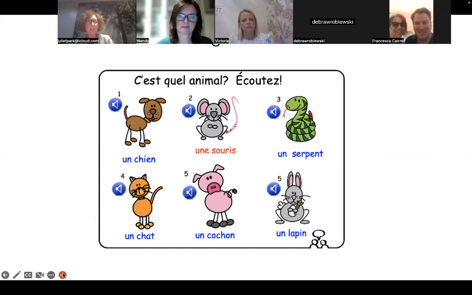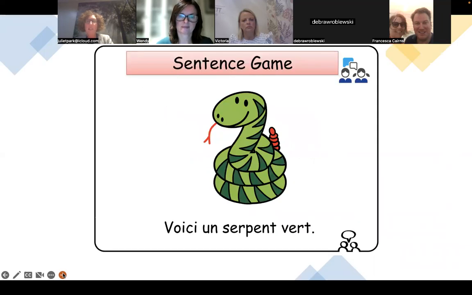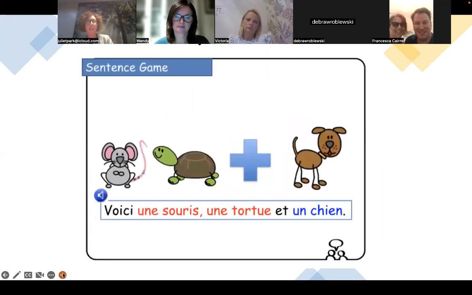So simple listening, and then what happens is from the noun, as we mentioned, we bring the voici in, and often what we've put at the top of the slide, you will see icons that feature right through the scheme to say whether the children should listen and repeat, whether they should be writing on whiteboards, etc. So we can see here we've got the snake, and now we're bringing in the colour.